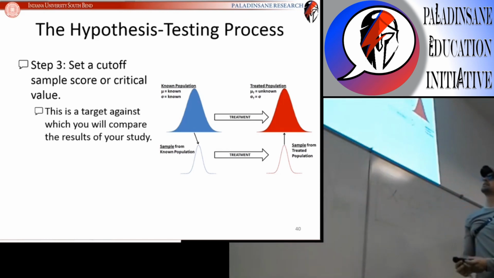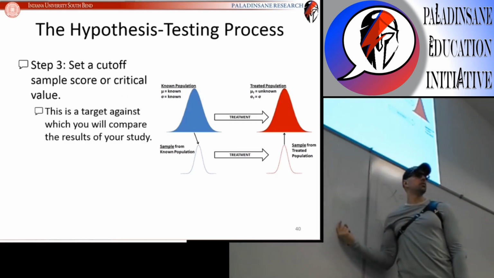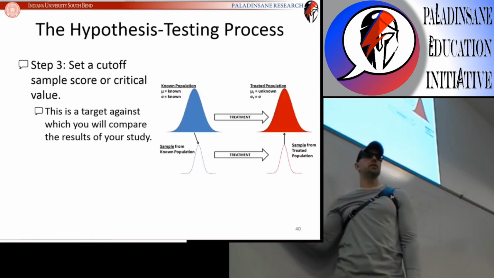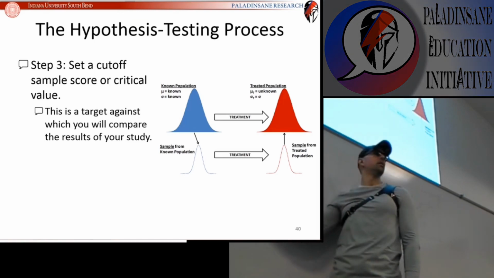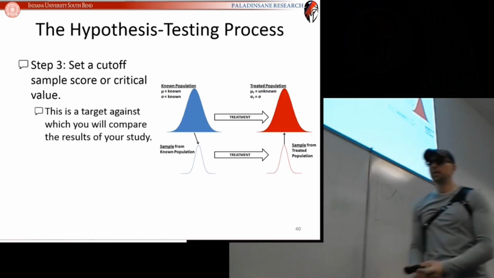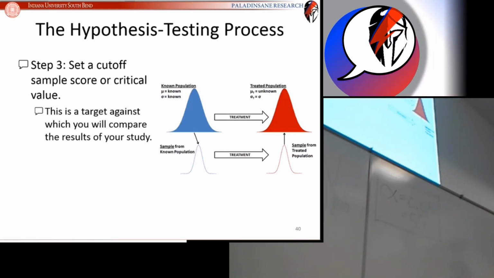Those are the lines in the sand. That's the target against which we're going to compare our sample. So we're going to find out where our sample is on this distribution. And we're going to see, just like those parents looking in the backseat of the car, if it crosses the line. We're going to see if it goes past that middle point, except we draw our middle point somewhere in the tails over here. We set off that cutoff sample score.